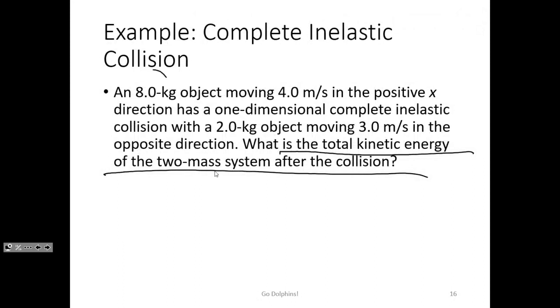And collision means momentum is conserved.